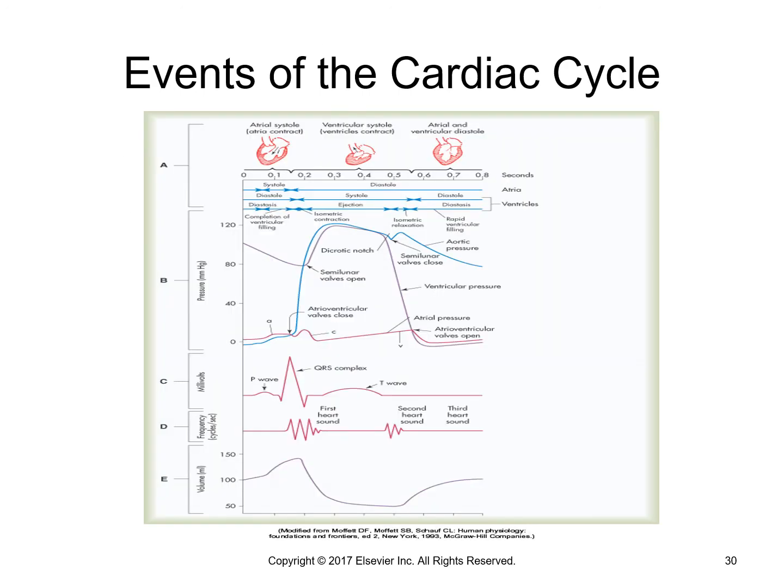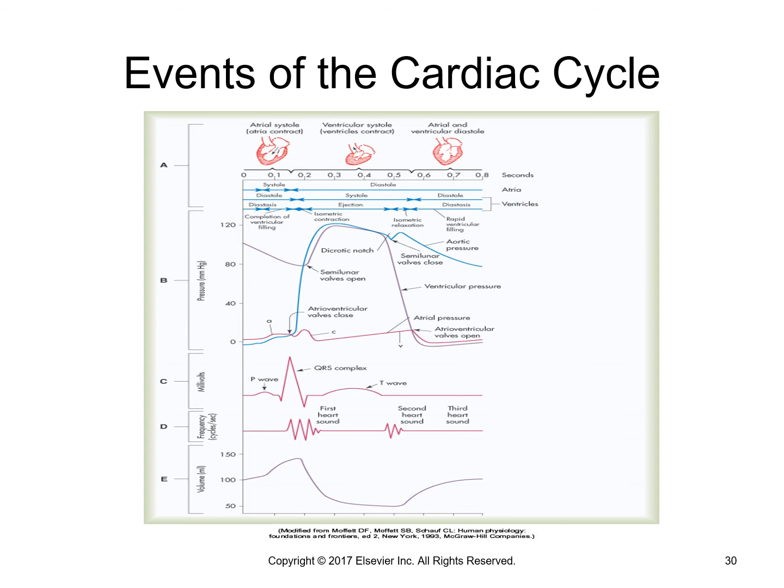All right, this I believe is our last slide. This is on page 224 in your textbook, and it's basically showing what's going on in systole and diastole, how it matches up to the volume in your blood and to the frequency of the heart sounds.